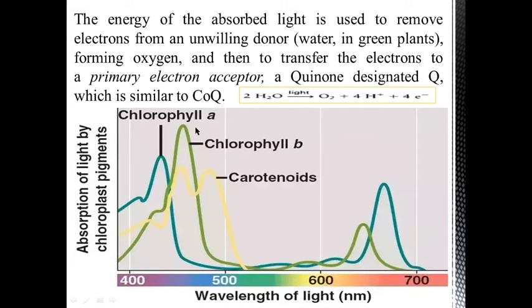Likewise, chlorophyll B also absorbs light between 400 and 500 nanometers in blue, and again 600 to 650 nanometers in red. Similarly, carotenoids also absorb light between 450 and 500 nanometers, and this absorbed light is transferred by the carotenoids towards chlorophyll A.